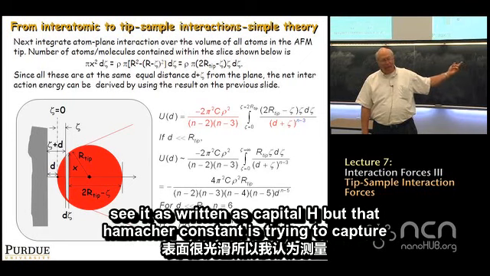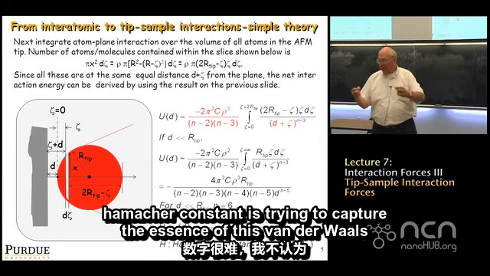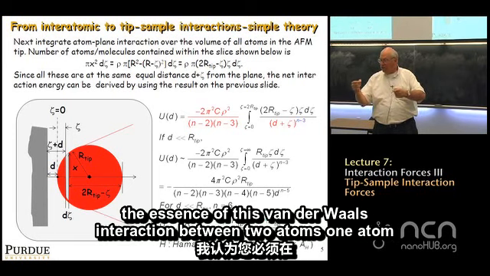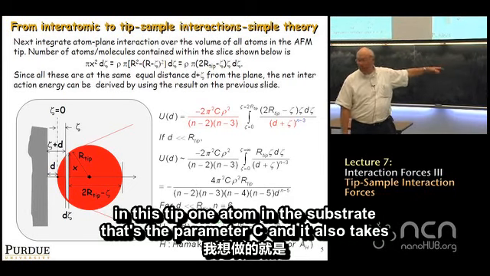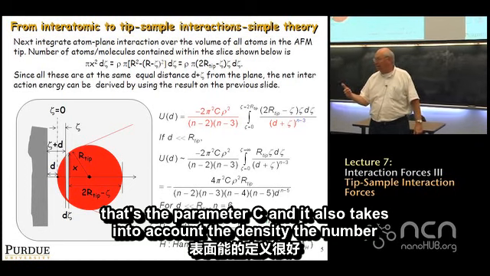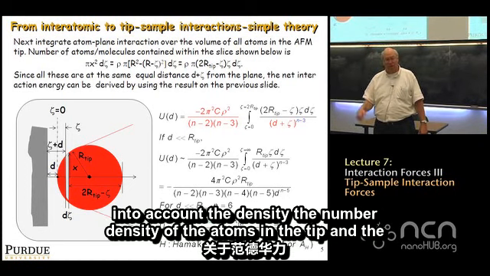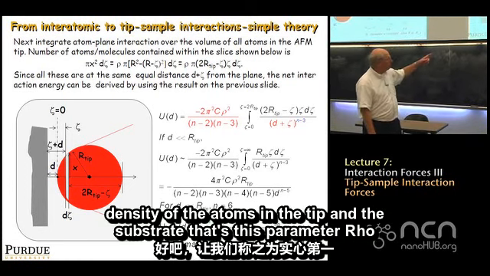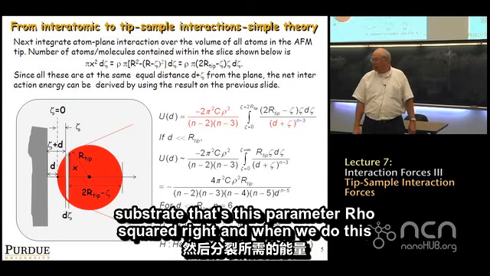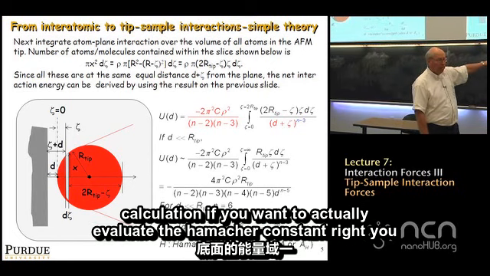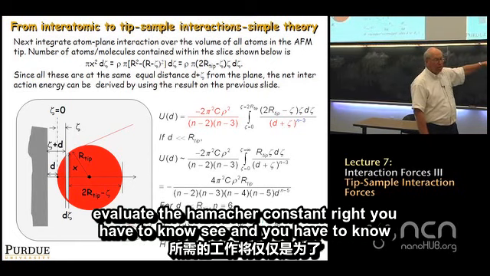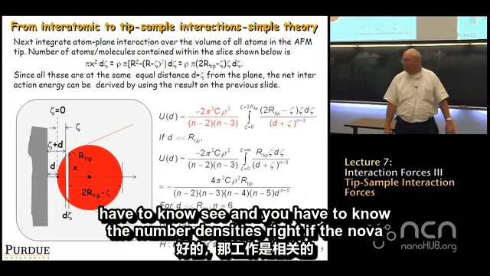But that Hamaker constant is trying to capture the essence of this van der Waals interaction between 2 atoms, 1 atom in the tip, 1 atom in the substrate. That's the parameter C. And it also takes into account the number density of the atoms in the tip and the substrate. That's this parameter rho squared, right? And if you want to actually evaluate the Hamaker constant, you have to know C and you have to know the number densities.